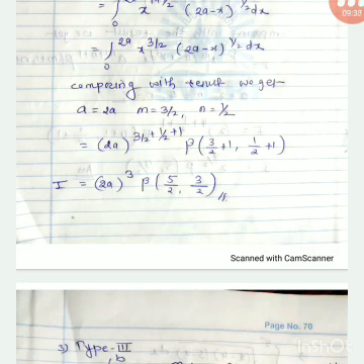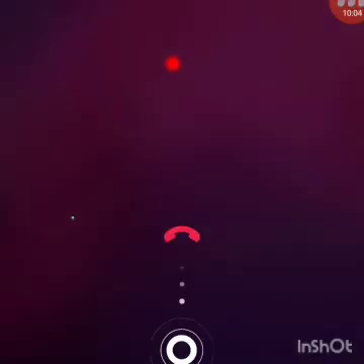Are you getting my point? The square gets cancelled and x comes common, and we get 2a. The upper limit is 2a, and here is 2a, and the power of x is 1. So we can combine these two powers of x, that is 1 plus half, it is 3 by 2.